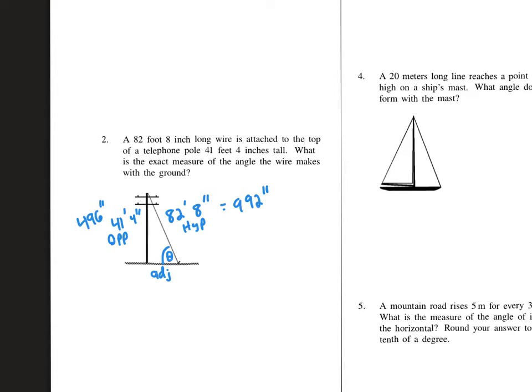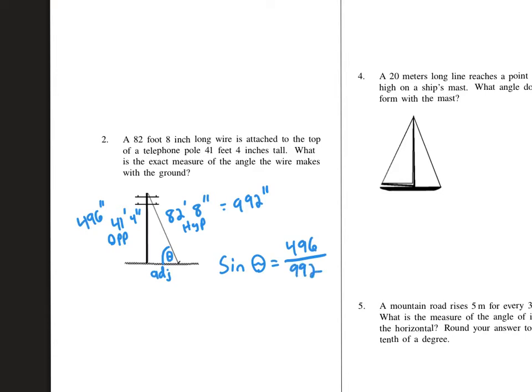So I can start building my trig function. We know the opposite and the hypotenuse, so that's sine of theta will equal the opposite of theta, 496. Oh, I wrote that wrong. 496, and the hypotenuse is 992.